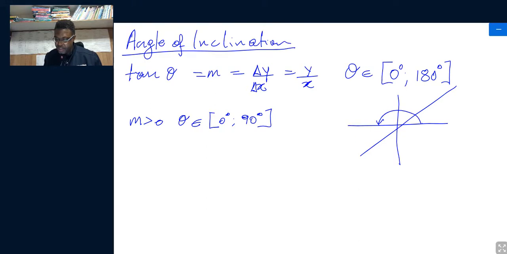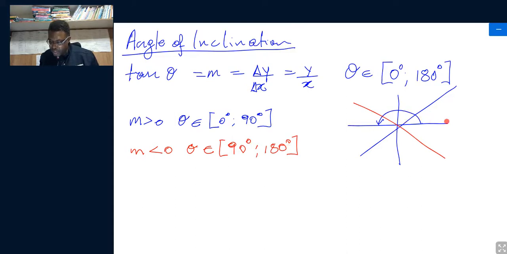But if the gradient is less than 0, we have a line with a negative gradient. It means angle theta is the element starting from 90 degrees up to 180 degrees.